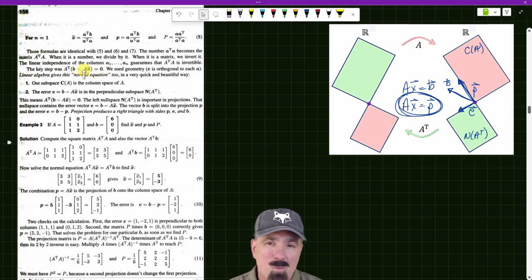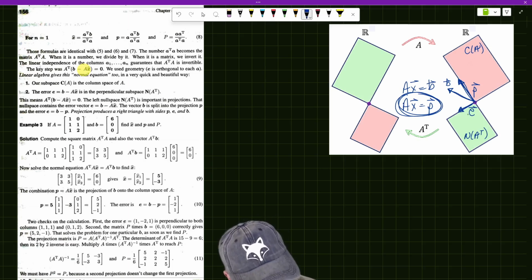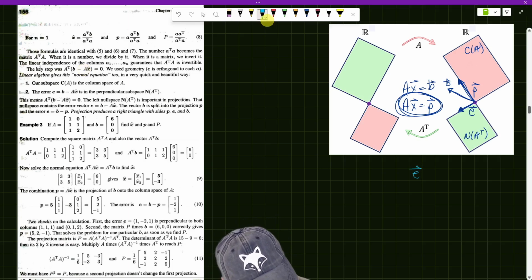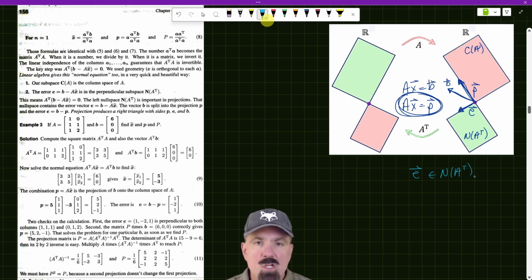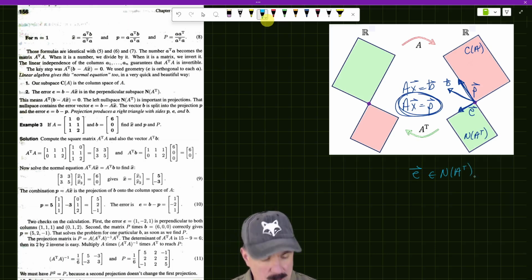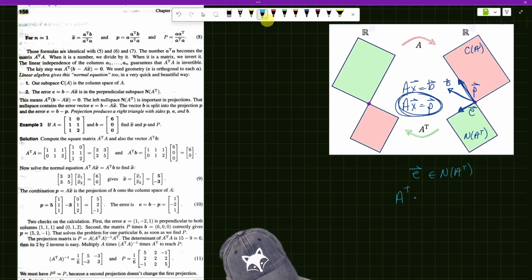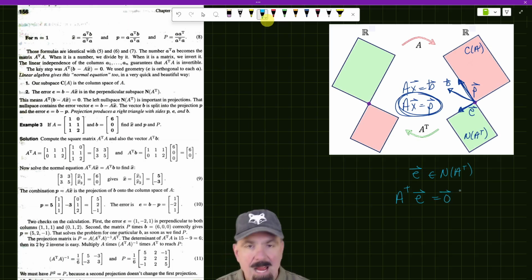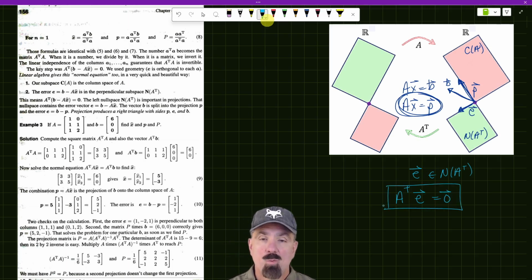Well, we already know that that's the case. We know that the E vector is in the null space of A transpose. So we're using that fact to generate an equation, and that equation is A transpose times the E vector is equal to 0.